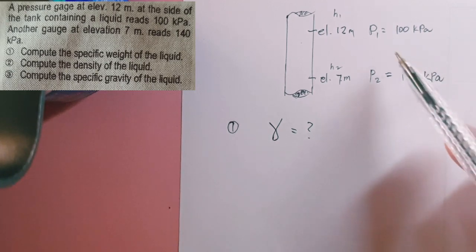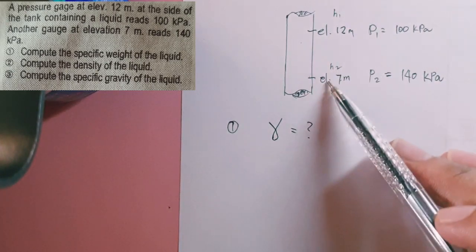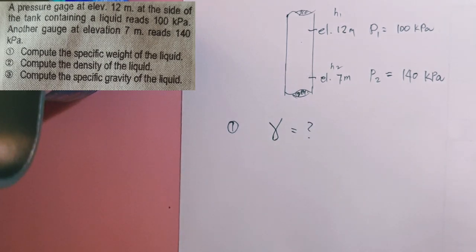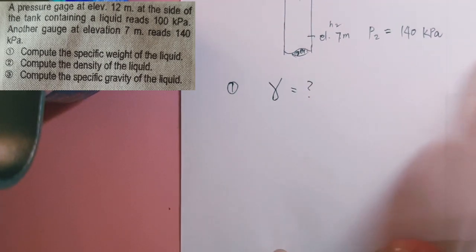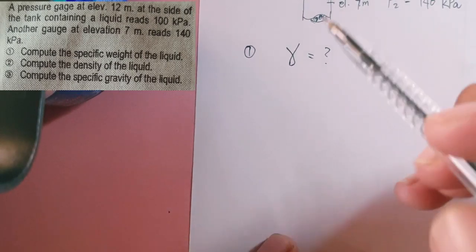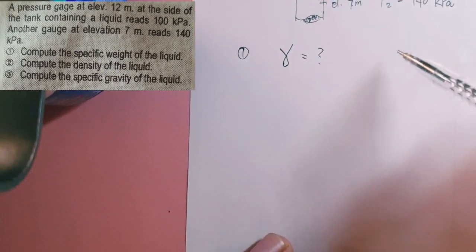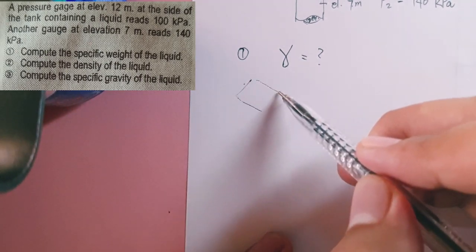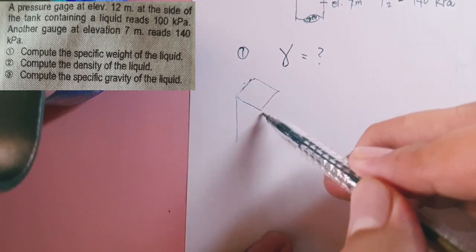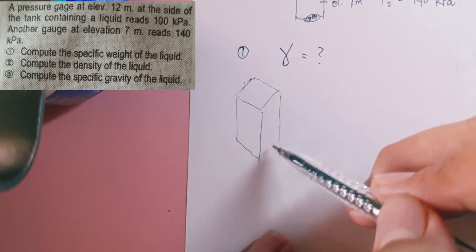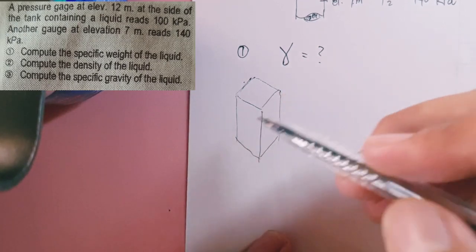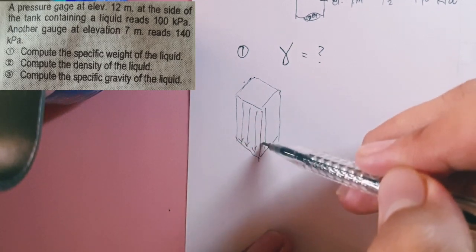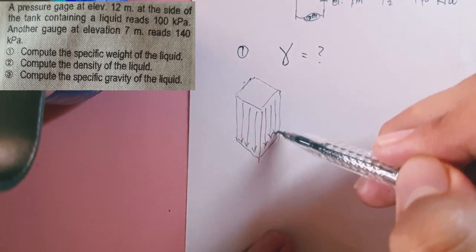Since we have the given na mga pressure and height, how can we derive the formula? Okay, so let us try deriving it first. Say you have a container na rectangular. Okay, mas dali ma-visualize na rectangular, no? Length times width times height naman ang volume.